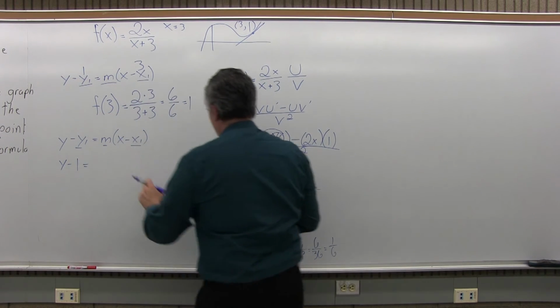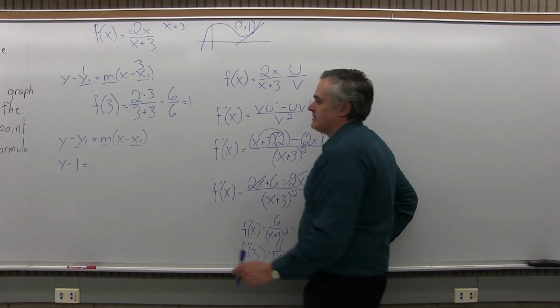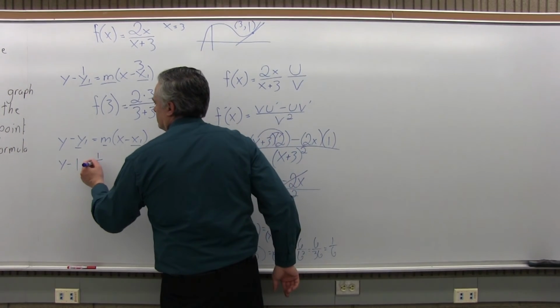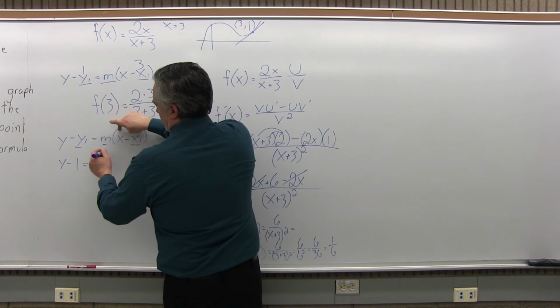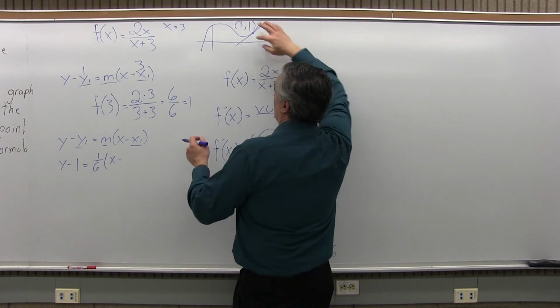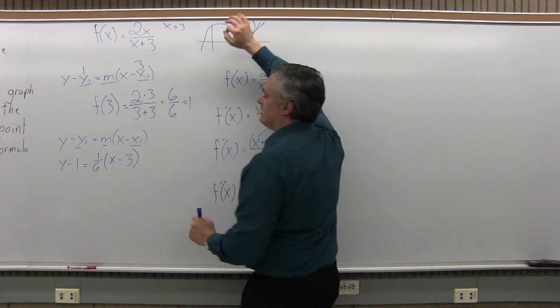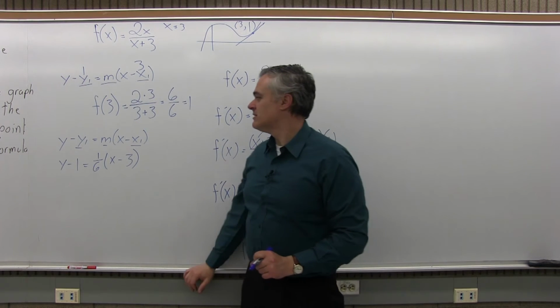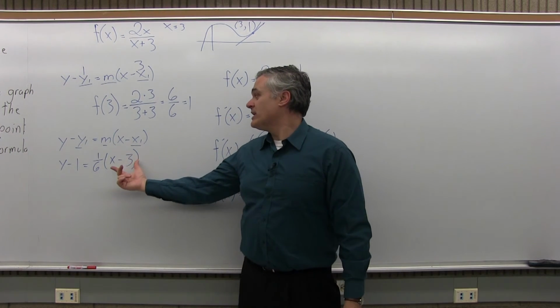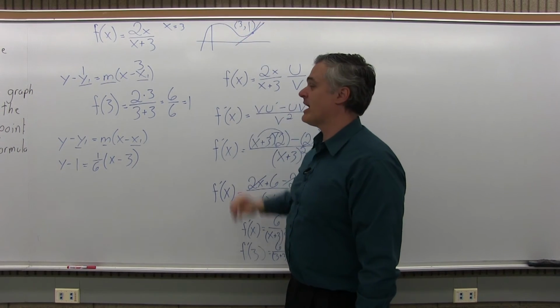Equals m. We got that from taking the derivative and putting in a 3. We got 1/6. Then parenthesis x minus x1. The x1 is the x-coordinate of the point, which was given to us in the problem, is 3. So that's the equation of the line that's tangent to the function at that one point where x is 3.